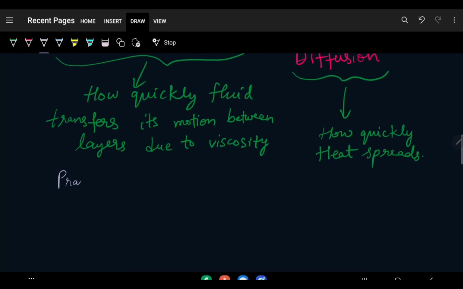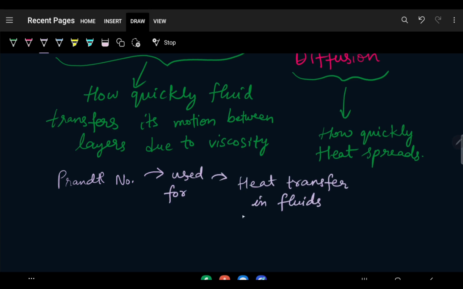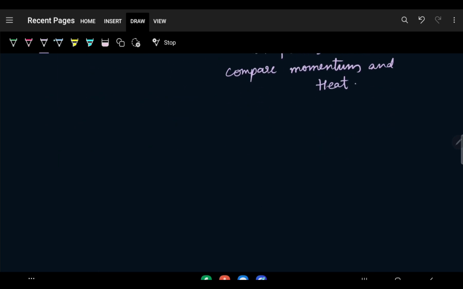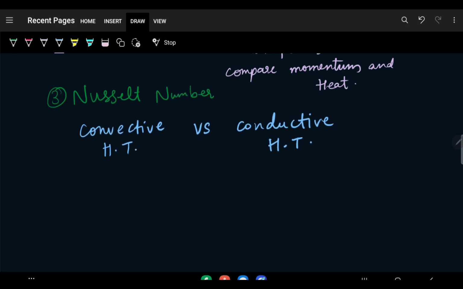Now, Prandtl number is used for heat transfer in fluids. And coming on to the next number, it is Nusselt number. Nusselt number compares convective heat transfer and conductive heat transfer, which is like convection versus conduction.